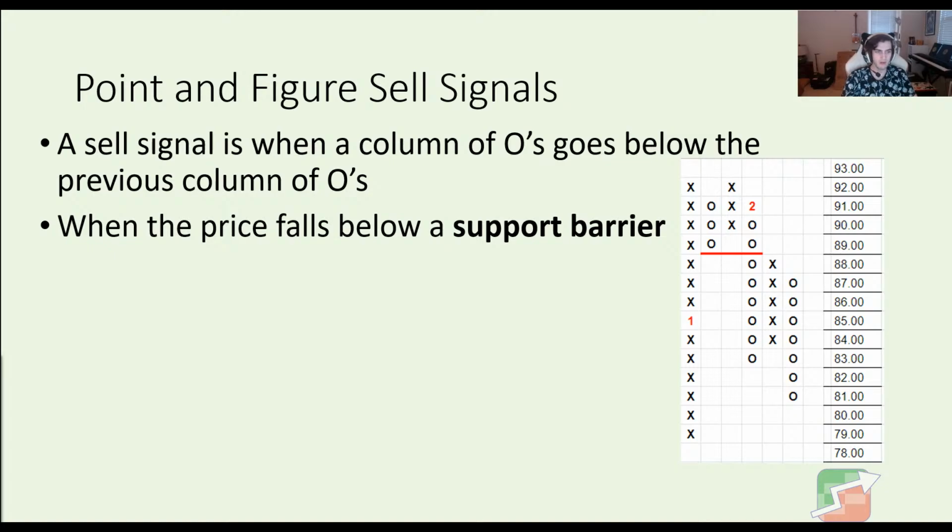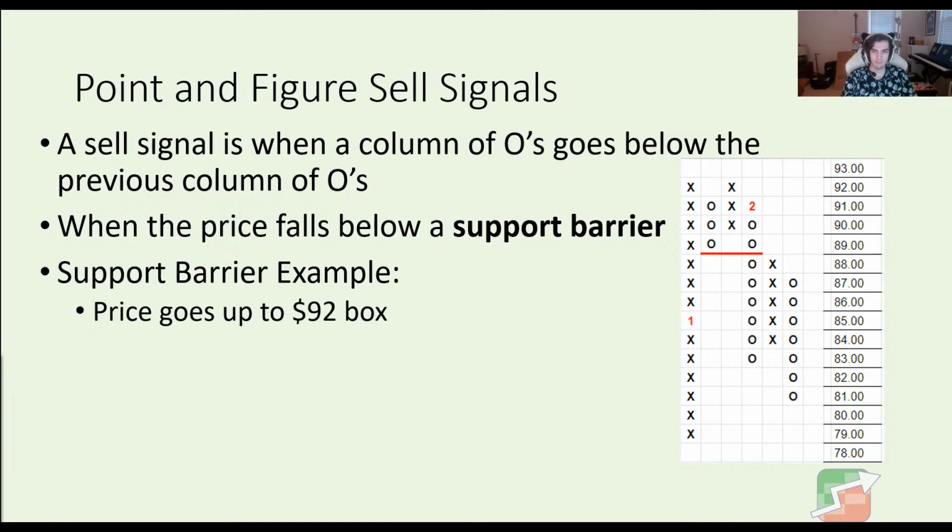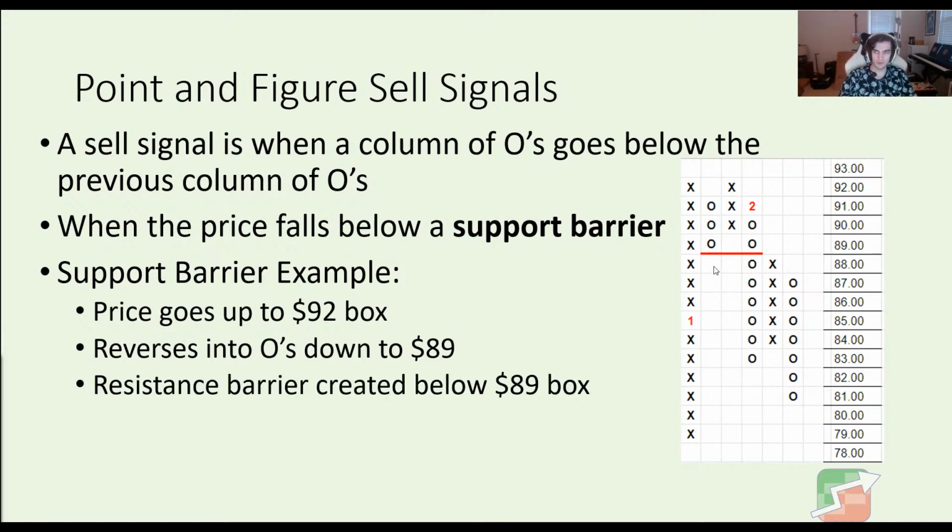So again, here's an example of a support barrier. Our first column of X's here goes up to $92 and then reverses down into the 89. So now we draw our support barrier below the $89 mark.